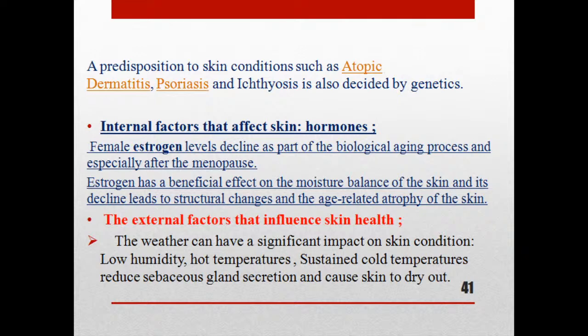A predisposition to skin conditions such as atopic dermatitis, psoriasis, and ichthyosis is also decided by genetics.